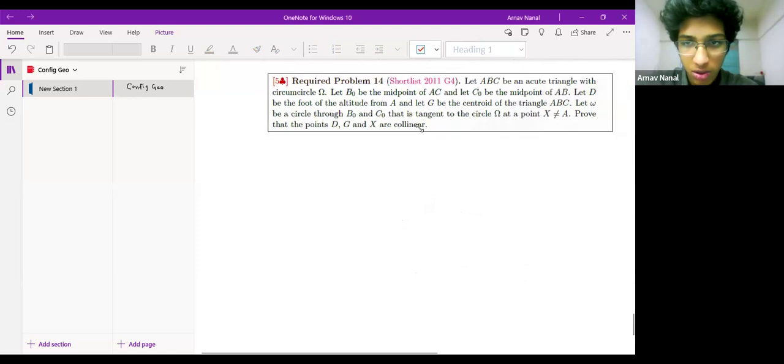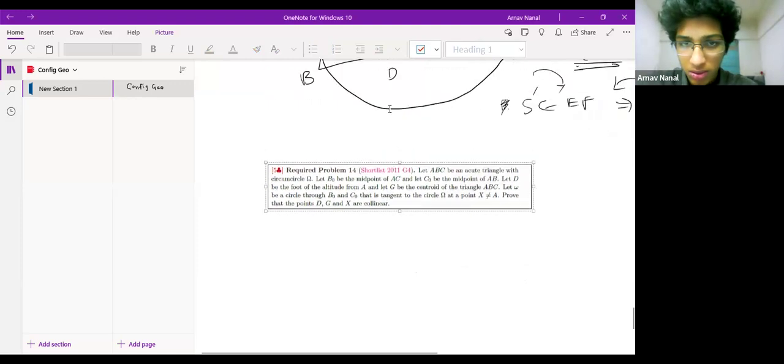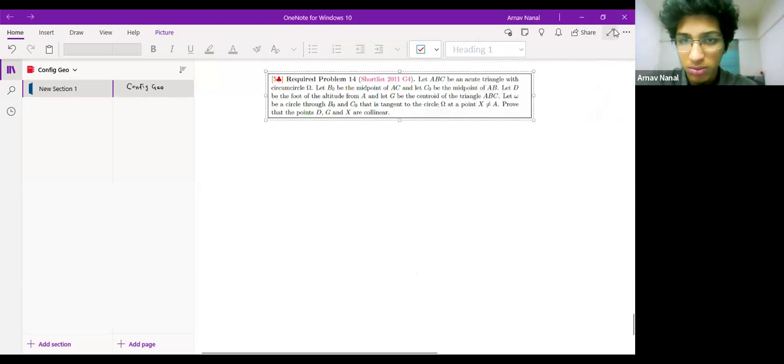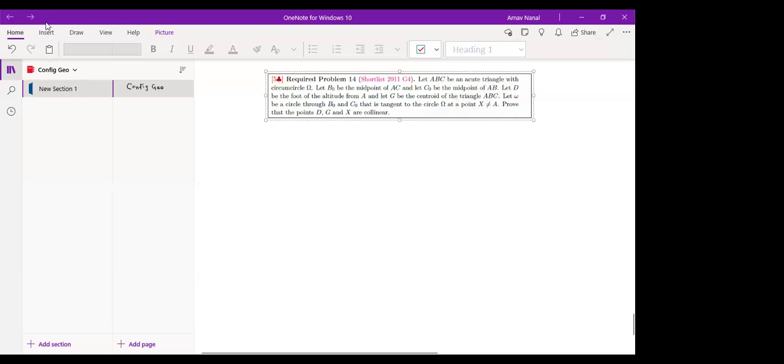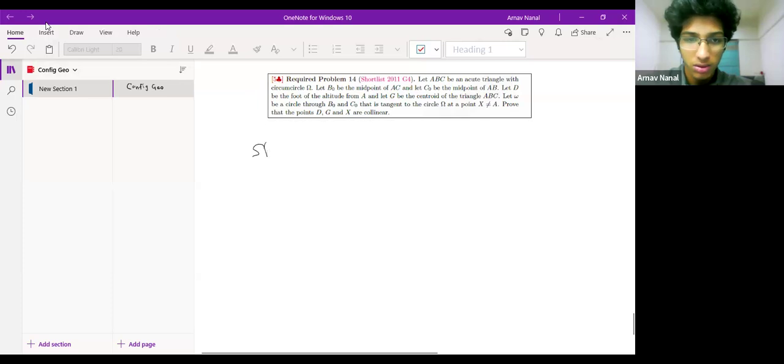Can you see the problem? I'll just mention the source, if you want to refer to it, it's the shortlist. Oh, it's given here anyway.